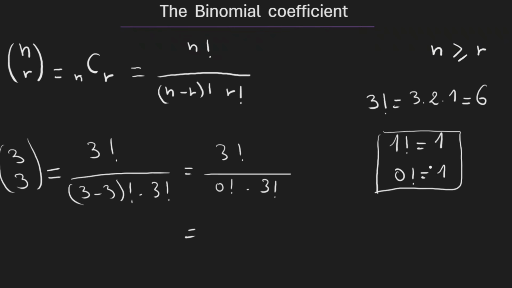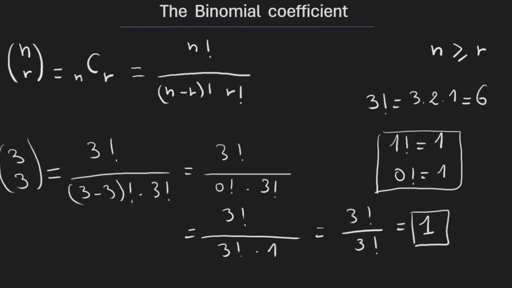Since 0 factorial here is 1, we have 3 factorial over 3 factorial times 1. So 3 factorial over 3 factorial gives us 1. Therefore, whenever n and r have the same number, this binomial coefficient is always equal to 1.